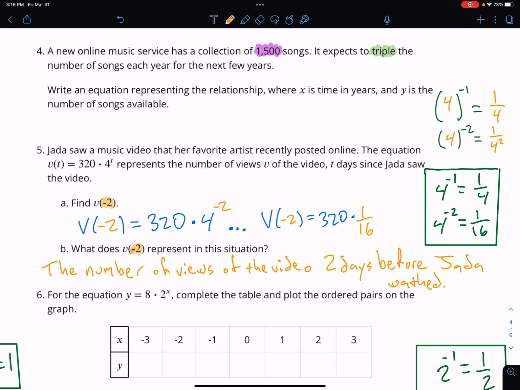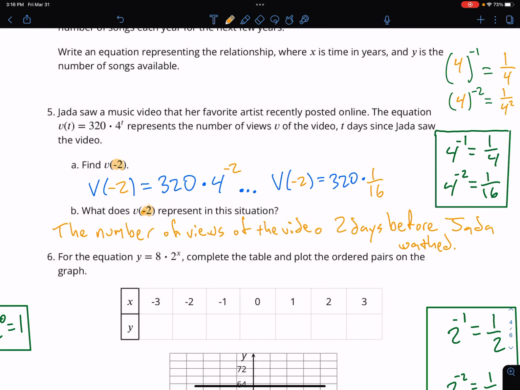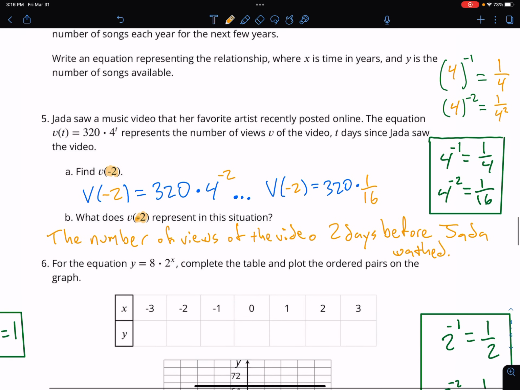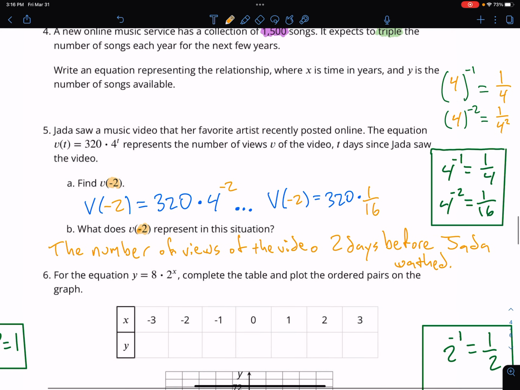And don't worry about some big number that you don't know how to divide on the test. I'm going to keep it a really simple number so we don't need any calculators and it's not confusing. 320 divided by 16 is 20. Basically, if you go backwards 1 day, we have 320 divided by 4, which is 80. And if you go back 2 days, 80 divided by 4 is 20.